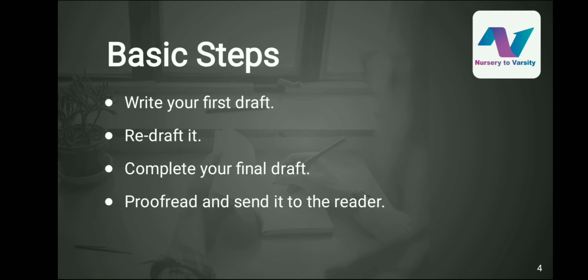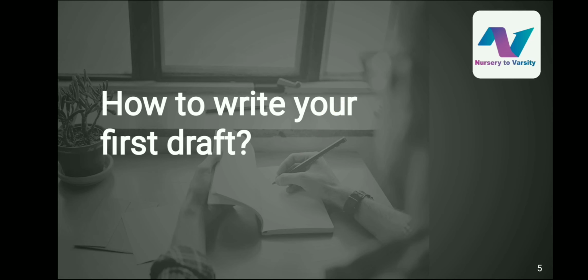In the first step itself, you have to draft just the outlines which come to your mind. In the second step, you have to redraft it and write those points which you have forgotten or omitted. In the third step, you give it the final touch, and at last, you send it to your reader. We learn these steps one by one in this video.